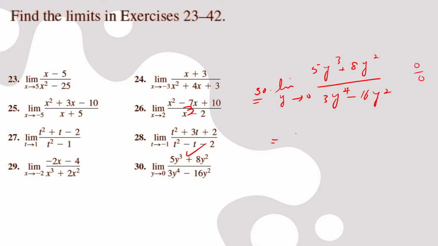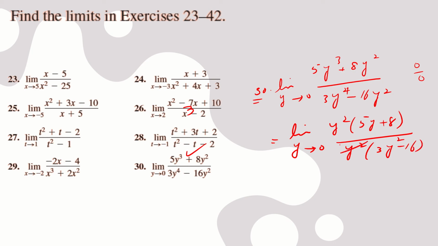So we have to find this limit, and we can do it this way. Let's look for the common factor. y square is common in the numerator, giving 5y plus 8, and similarly y square is common in the denominator as well, giving 3y square minus 16. We can cancel the common factor and then apply the limit. So we get 0 plus 8 divided by 0 minus 16, which gives you minus 1 by 2. So the limit of this function is minus 1 by 2.